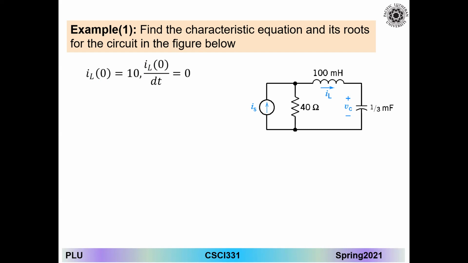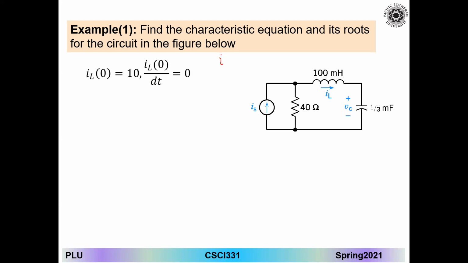That's the second part. From your initial conditions, here I ask you to find the characteristic equation and the roots of the circuit in the figure below. Now I have iL, this is my x1, and what is my x2? I have vC or I have iS. So my x2 will be iS. So I need to finalize my differential equation.